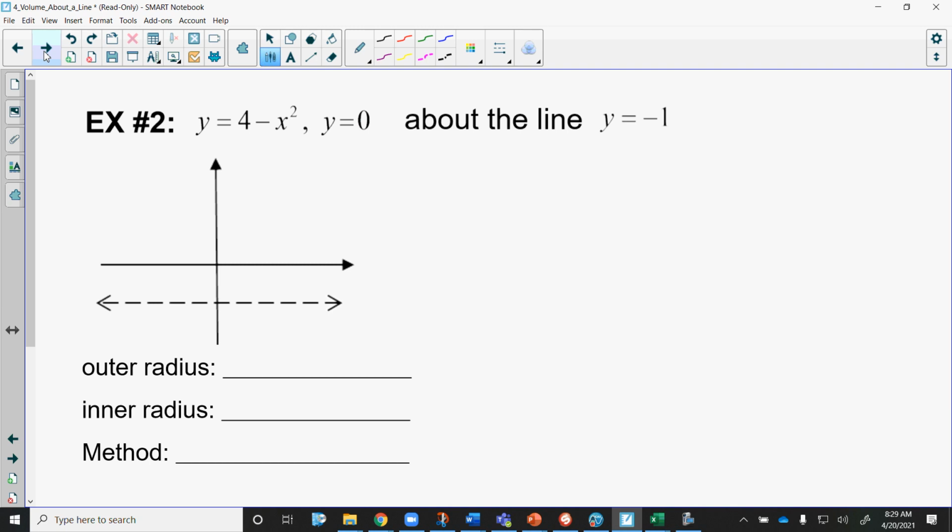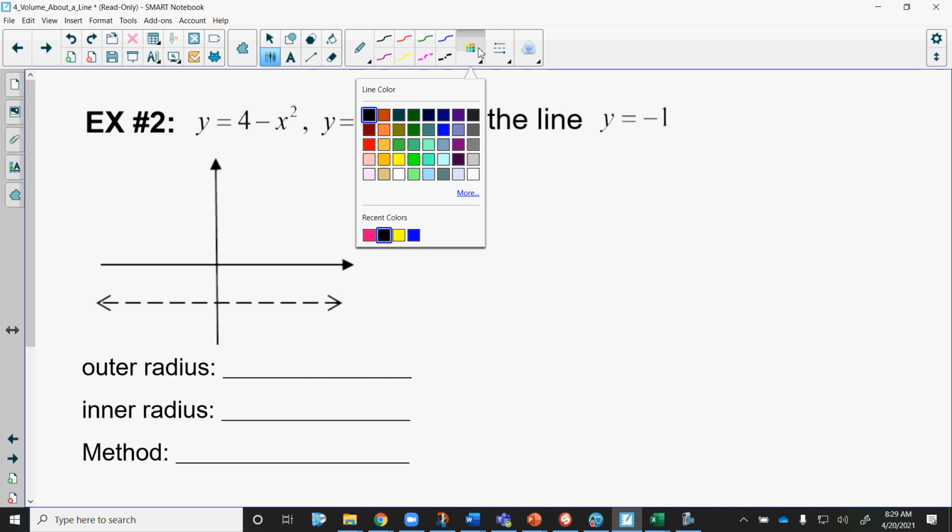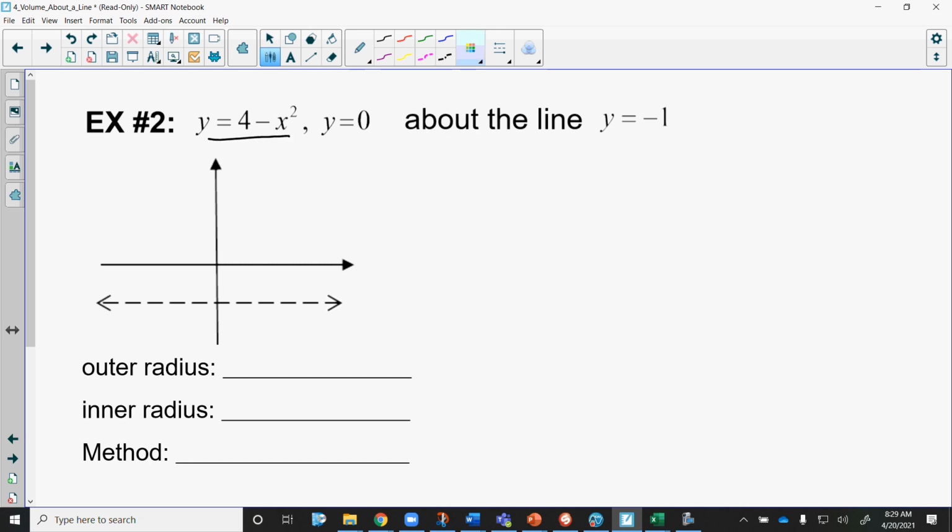So let's take a look here. We have two functions that we're going to be graphing. We have the quadratic 4 minus x squared, so that's going to be something like that. The parabola is going to look something like that.